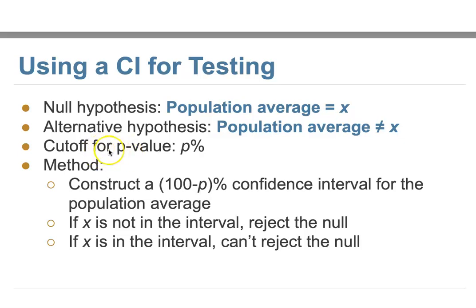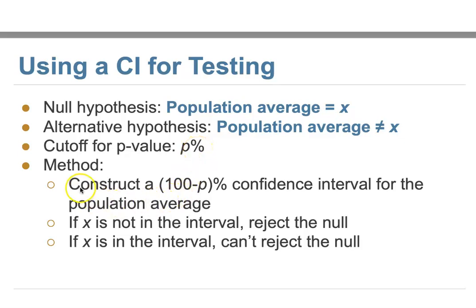That's why you have a p-value. This p-value is, like we say, outside the confidence level. So you will construct a 100 minus p% confidence interval. For example, earlier we said 95% confidence, right? That means our p-value is 5.